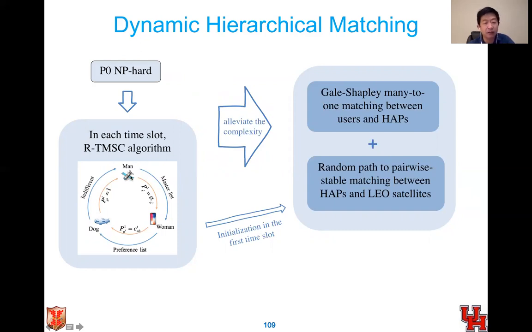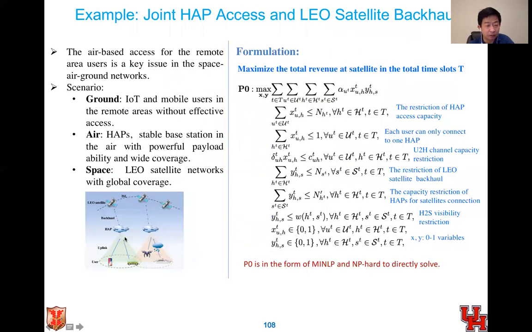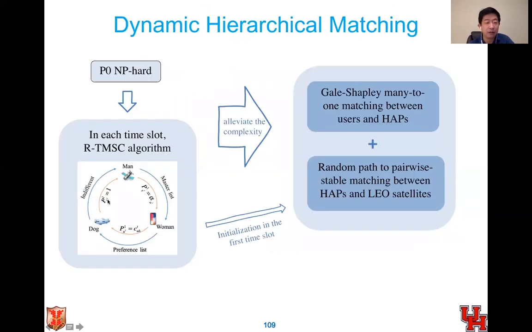Because we have three different parties, satellite, HAP, and user, we use a man, dog, and woman preference list. The man is the satellite, the woman is the user, and the dog is the HAP. This is a famous algorithm called man prefer woman and woman prefer dog matching algorithm. In this case, we can solve such a problem with a suboptimal solution.